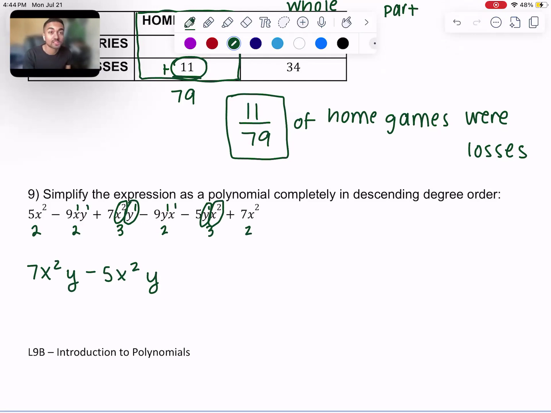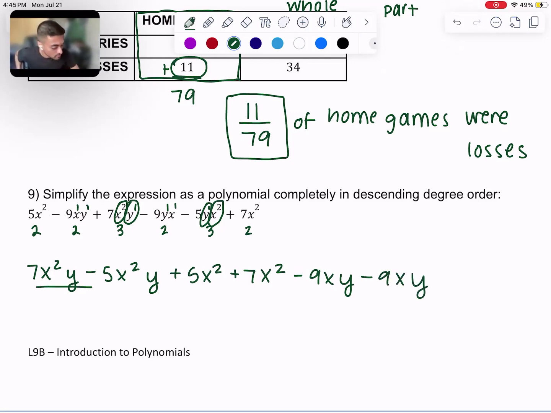We write x before y. Then we bring the rest down. Plus 5x squared and plus 7x squared are like terms. Minus 9xy, minus 9xy. Write x first. So these are like terms.